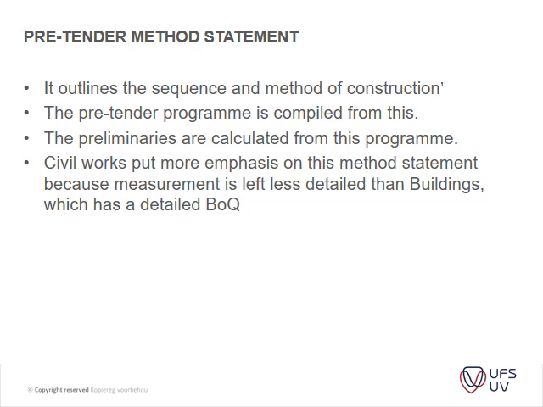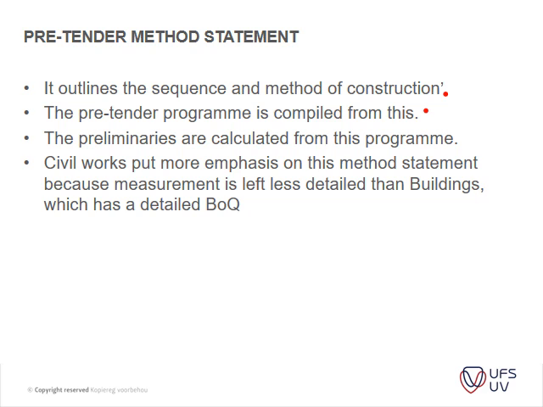But a method statement basically says, I understand how the work is done, and this is how I'm going to do it. It outlines the sequence and method of construction. The pre-tender program is compiled from this, so you get your statement before you get your program. Your program is a form of a method statement.